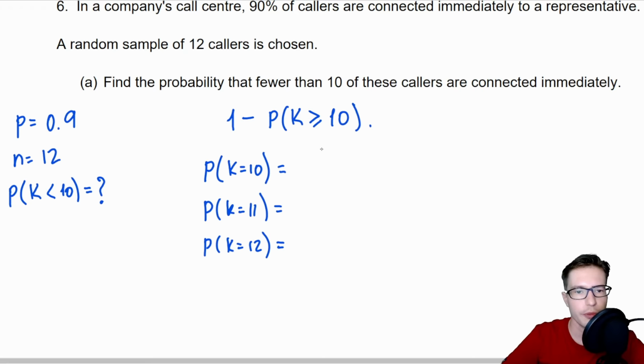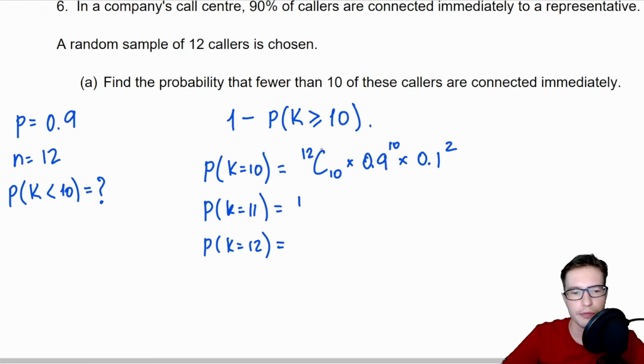And now let's use the formula for binomial probabilities. For the case where k equals 10, it is 12C10 times the probability of success to the power of 10, times the probability of failure, 0.1 to the power of n minus k, which is 2.